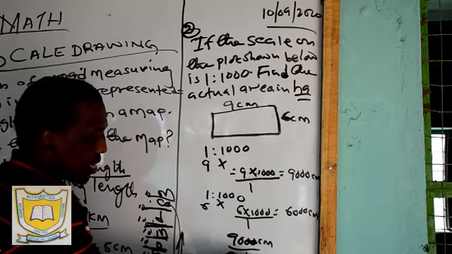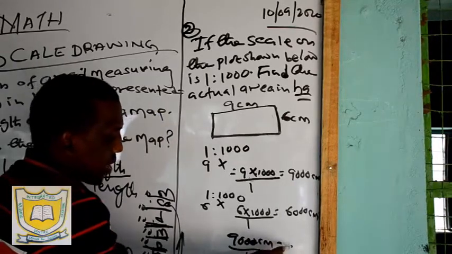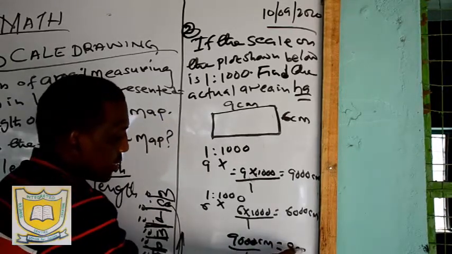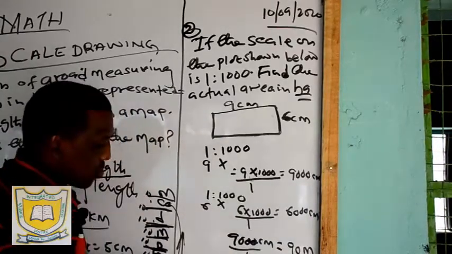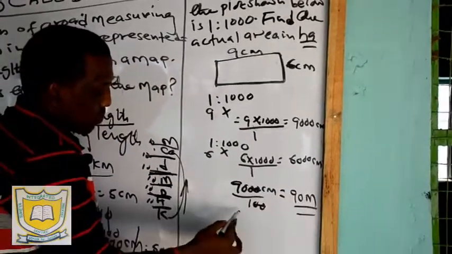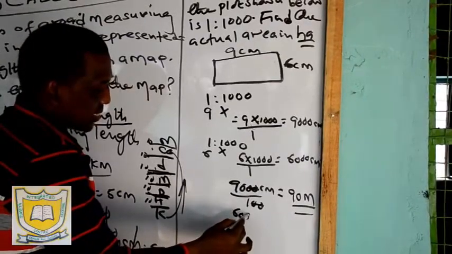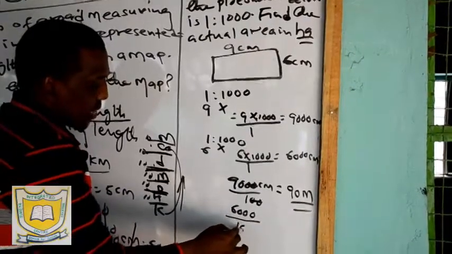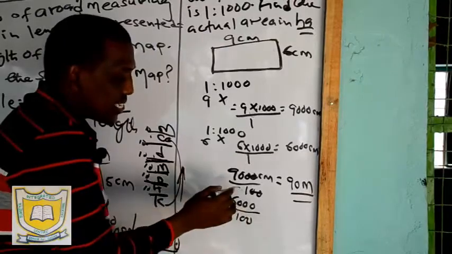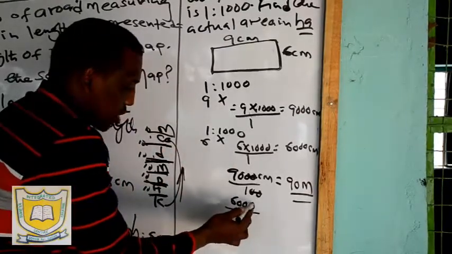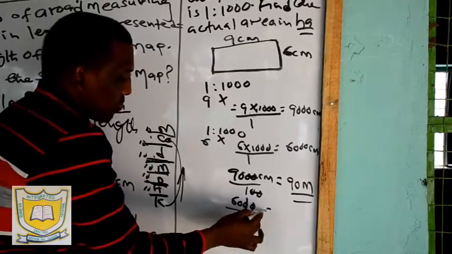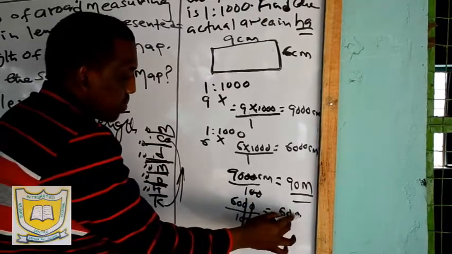Cancel, and here you will get 90 meters. That is the new length. The width will be 6,000 over 100. This over 100 is because we are changing centimeters into meters, so that we change into hectares. Cancel, which is equal to 60 meters.